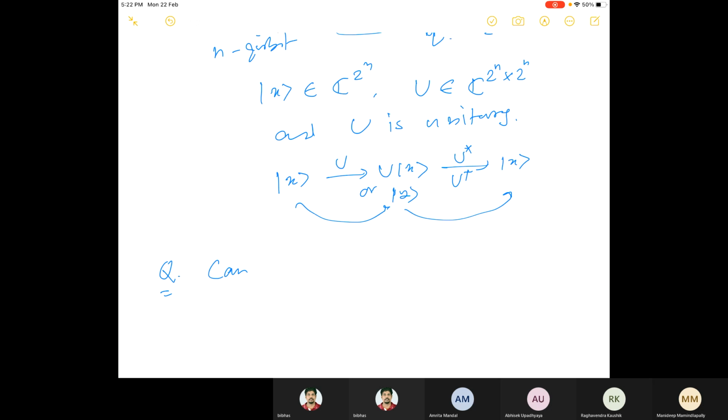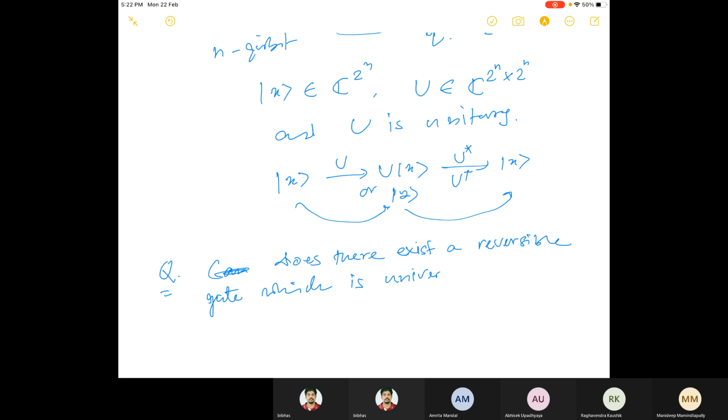So the question here will be, does there exist a reversible gate which is universal in classical computation? That's the bigger question.